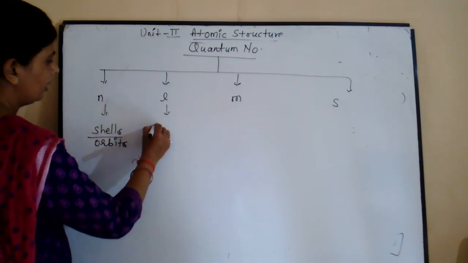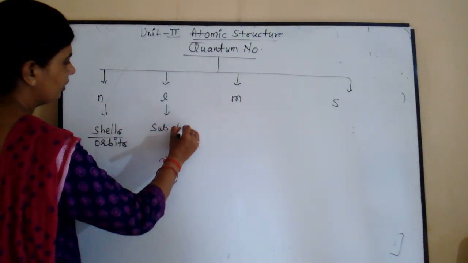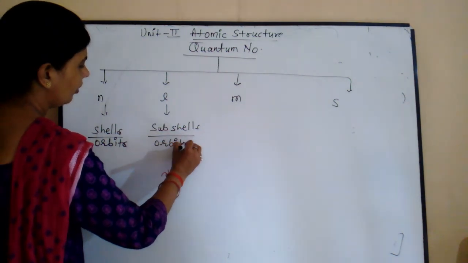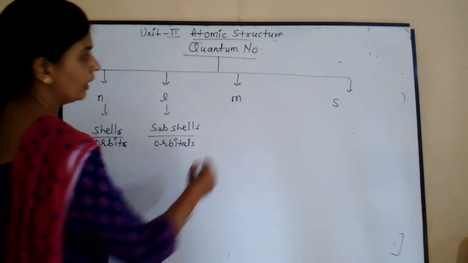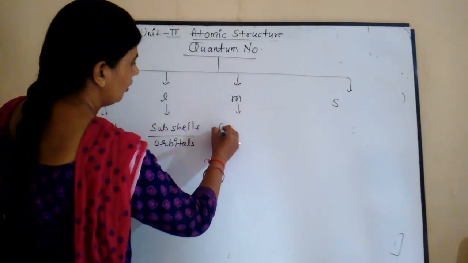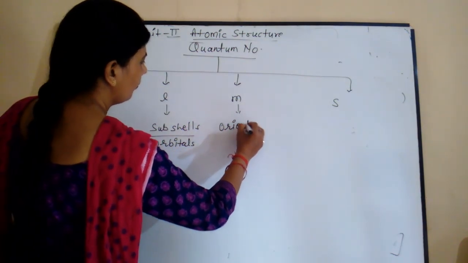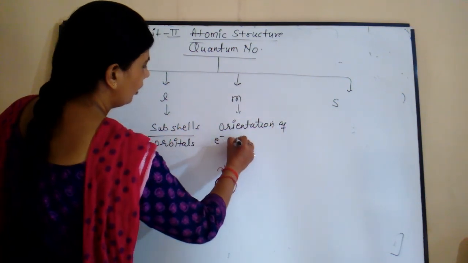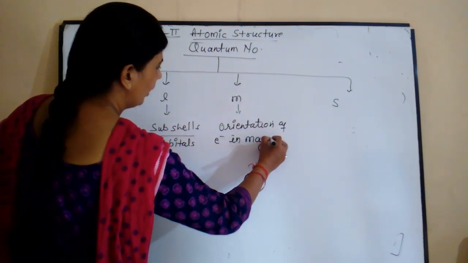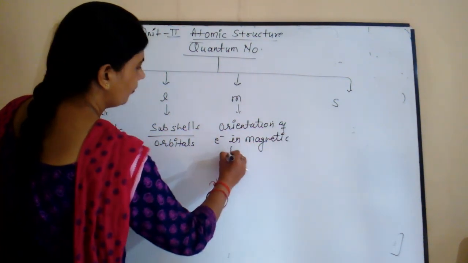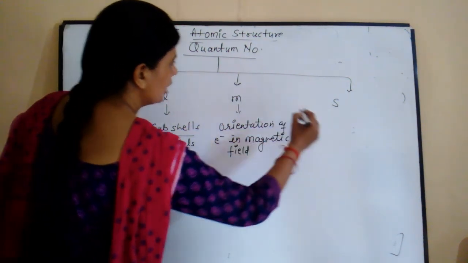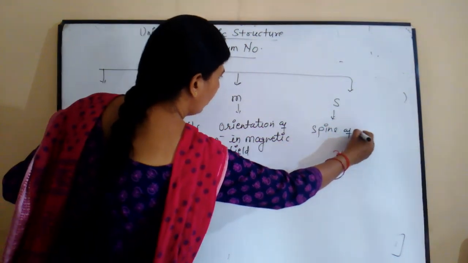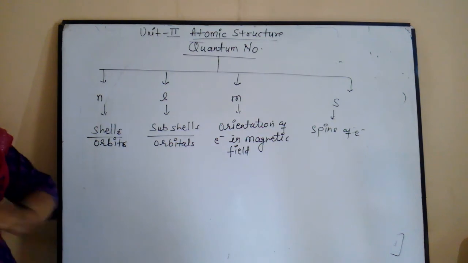The azimuthal quantum number gives the information about subshells or orbitals. The magnetic quantum number gives the orientation of the electron in a magnetic field. And the spin quantum number gives the information about the spin of the electron.